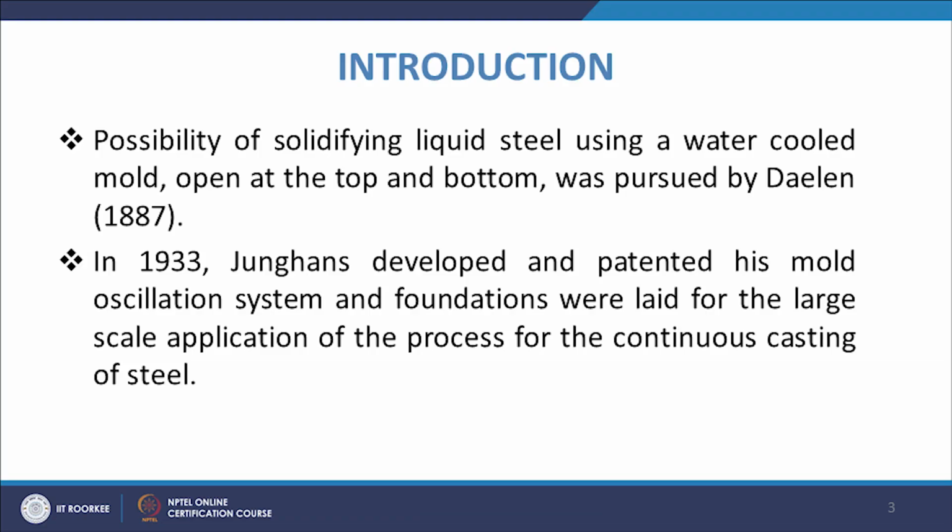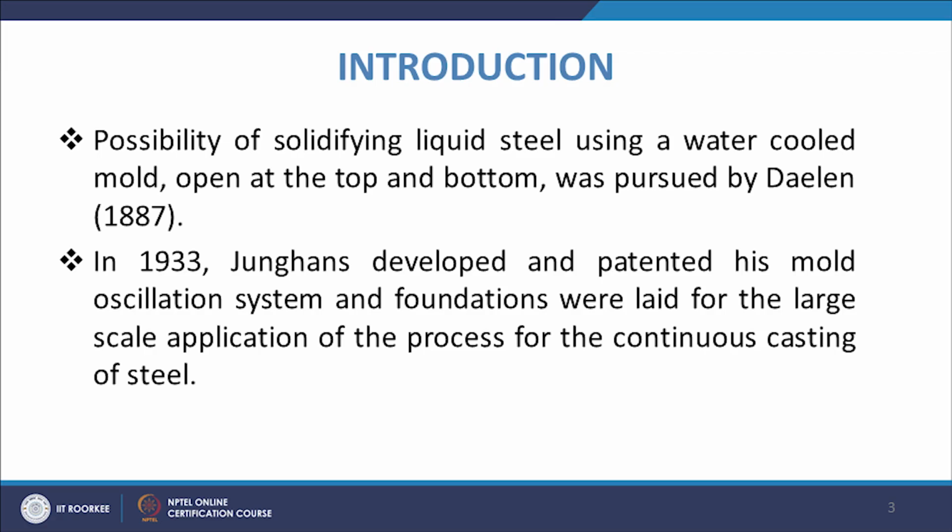Now, when this method was devised, there were many challenges initially, and one thing was sure: once you put the liquid metal in from the top, and the mold is cooled by water from outside, then there will be immediate solidification taking place from the sides. However, there were challenges related to sticking and other things.